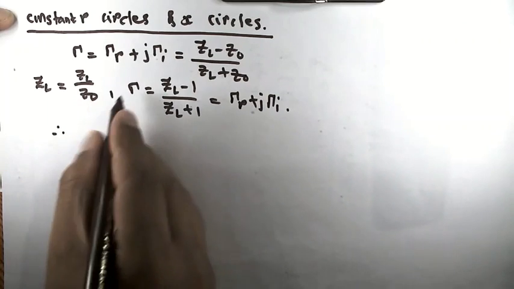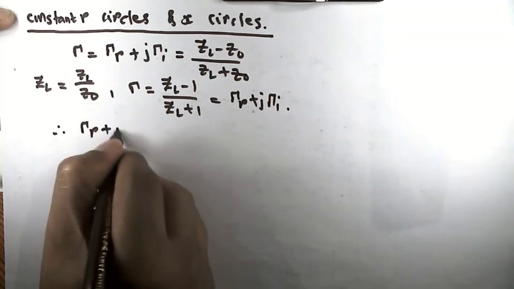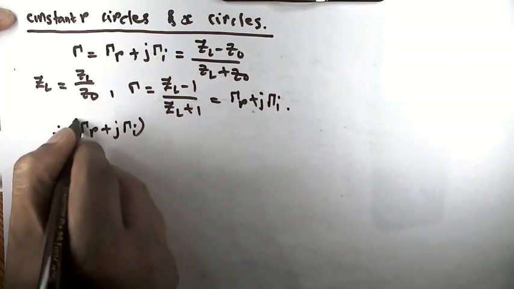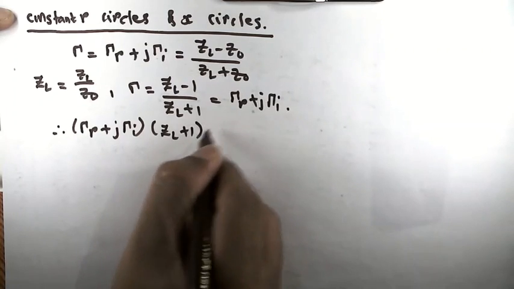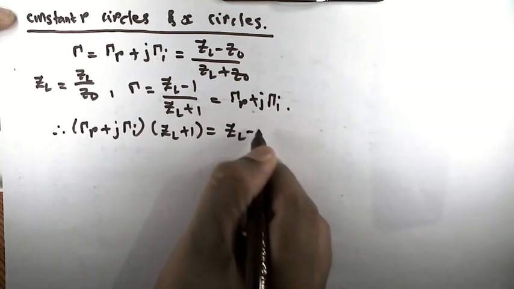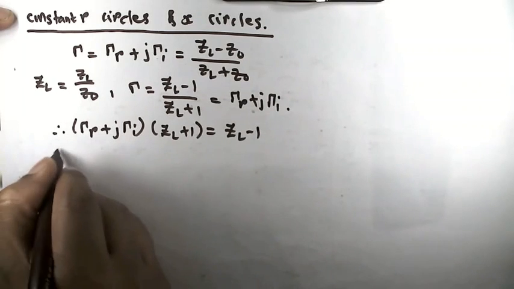So if we multiply, then we get gamma r plus j times gamma i multiplied by normalized ZL plus 1 is equal to normalized ZL minus 1. So now let us simplify.